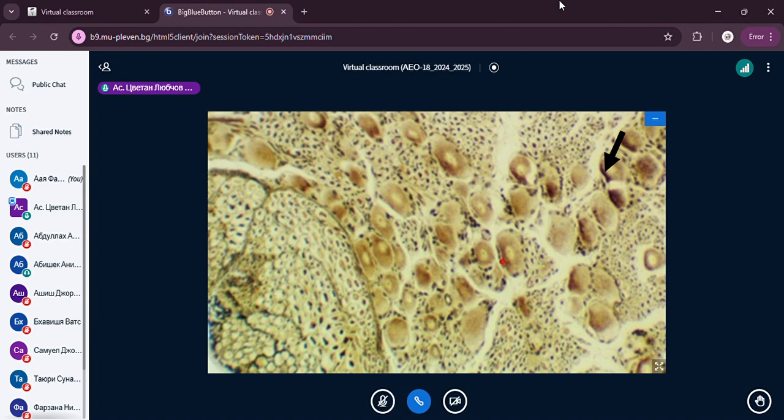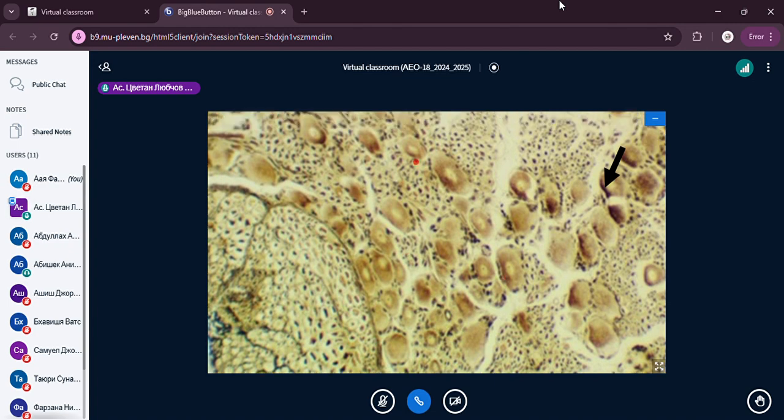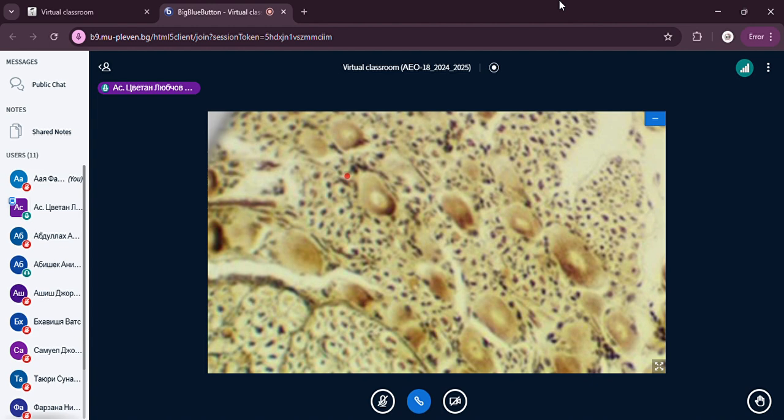But at the moment we're more interested in the structure of these pseudounipolar neurons. What you're going to see at first glance, guys, is that this one is the cell. The cell nucleus is not stained at all. This is typical for this staining. What is stained is just the part underneath the nucleus, next to the membrane.